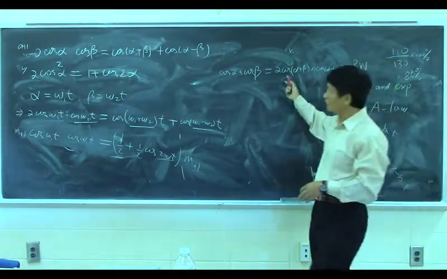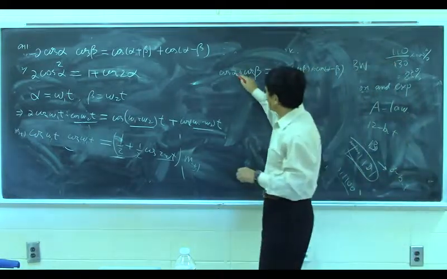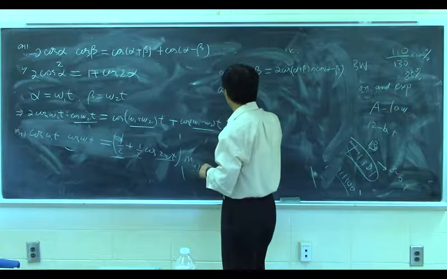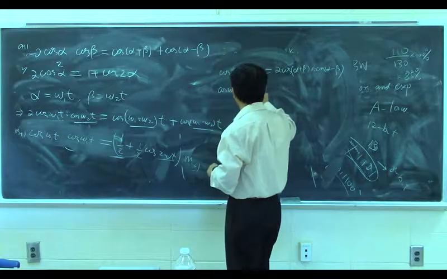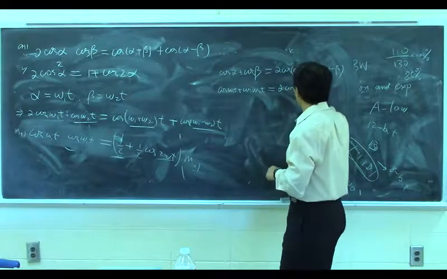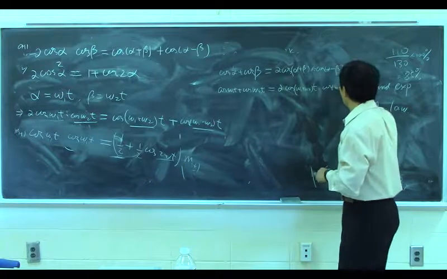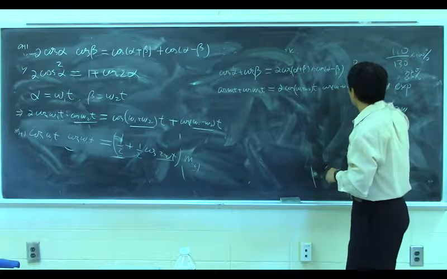This is again a trigonometric identity. Now I plug omega 1, omega 2 inside. So cosine omega 1t plus cosine omega 2t equals 2 cosine of omega 1 plus omega 2 over 2 t, times cosine of omega 1 minus omega 2 over 2 t.